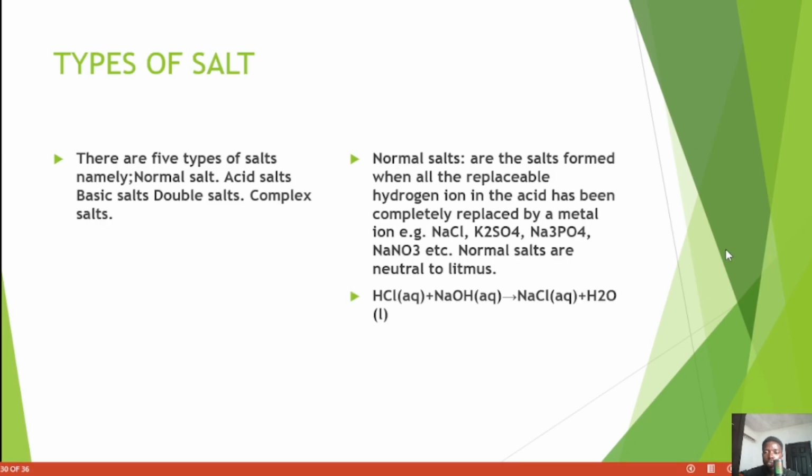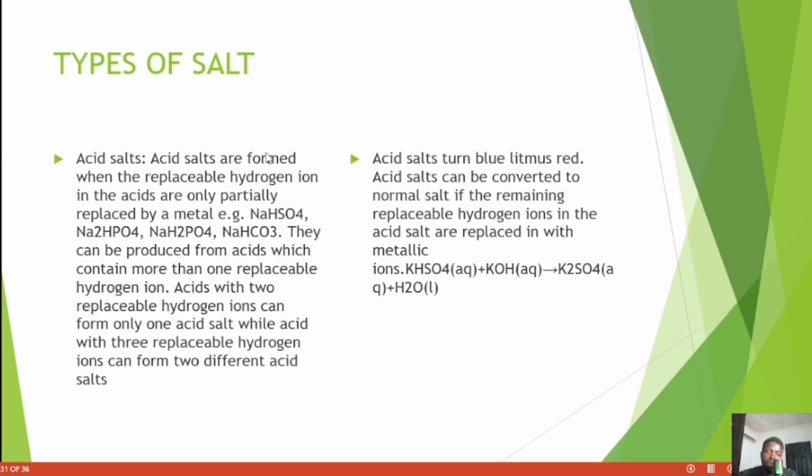The next type of salt we are going to be considering is an acid salt. Acid salts are basically formed when the replaceable hydrogen ions in an acid are only partially replaced by a metal. So you will notice that one major characteristic of an acid salt is that it will have hydrogen ion.